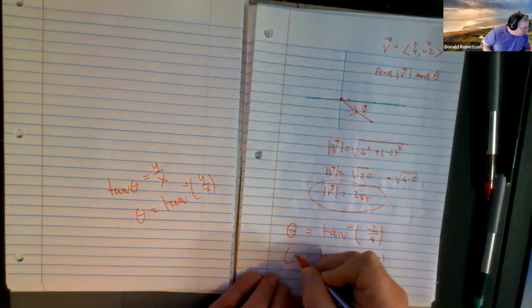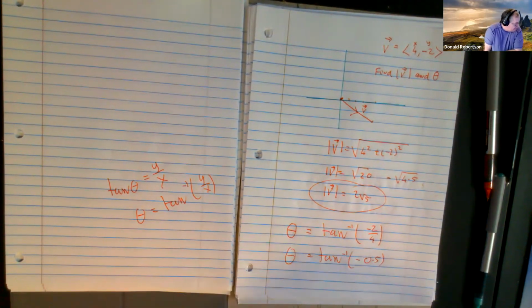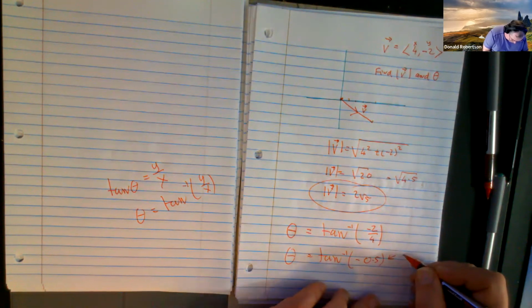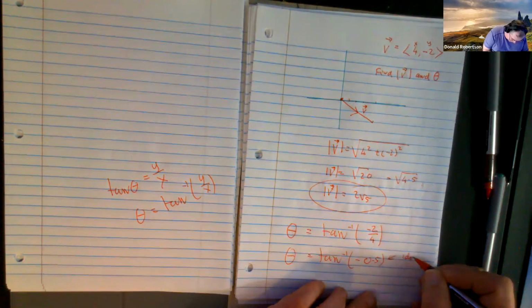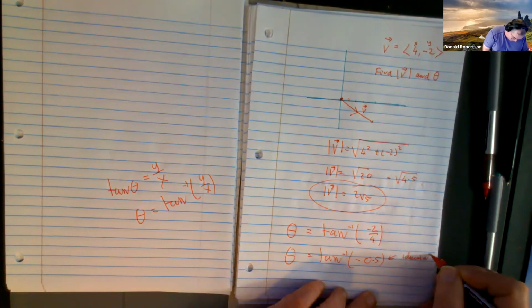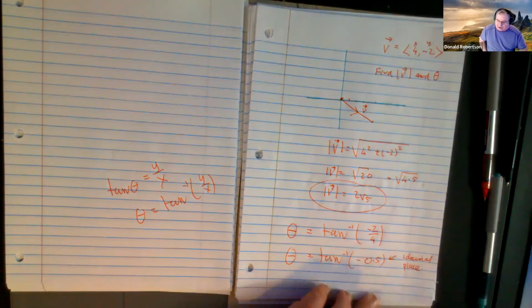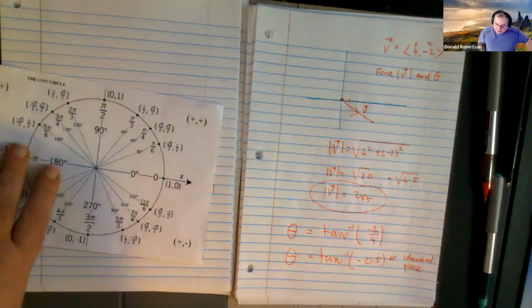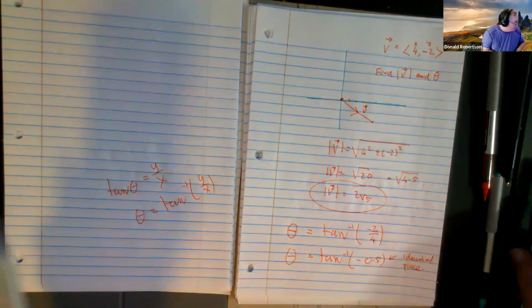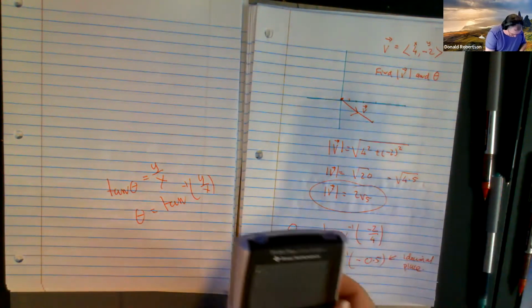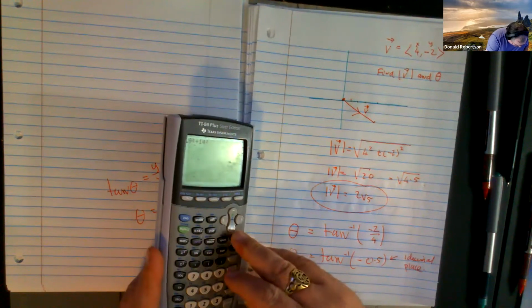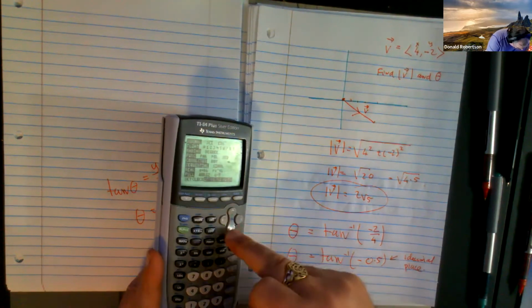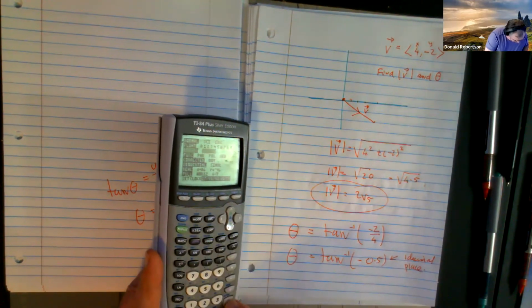Now, unless you are extremely lucky, you're going to have to round this off to, let's say, 1 decimal place. So you don't need to worry about getting exact answers, which means you don't need to worry about the unit circle either. They want this answer in degrees, so I'm going to my calculator. I'm going to make sure that I'm in degrees, which I wasn't, so I'm glad I checked.